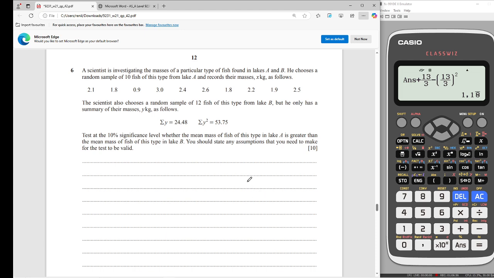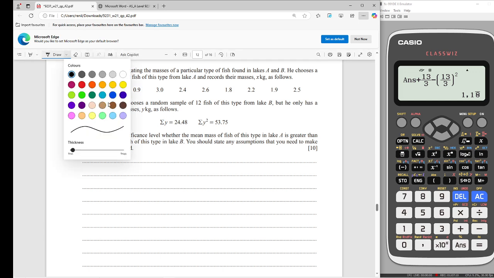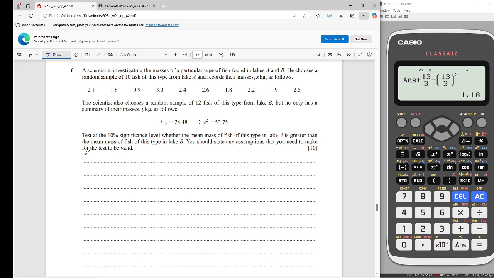Okay, now last question. It's a 10 marker question and it's going to be quite a big one. I've done this kind of question before, so it's going to be quite simple. So obviously we're going to do a hypothesis test. Whenever we're doing a test, we have to get our hypotheses.